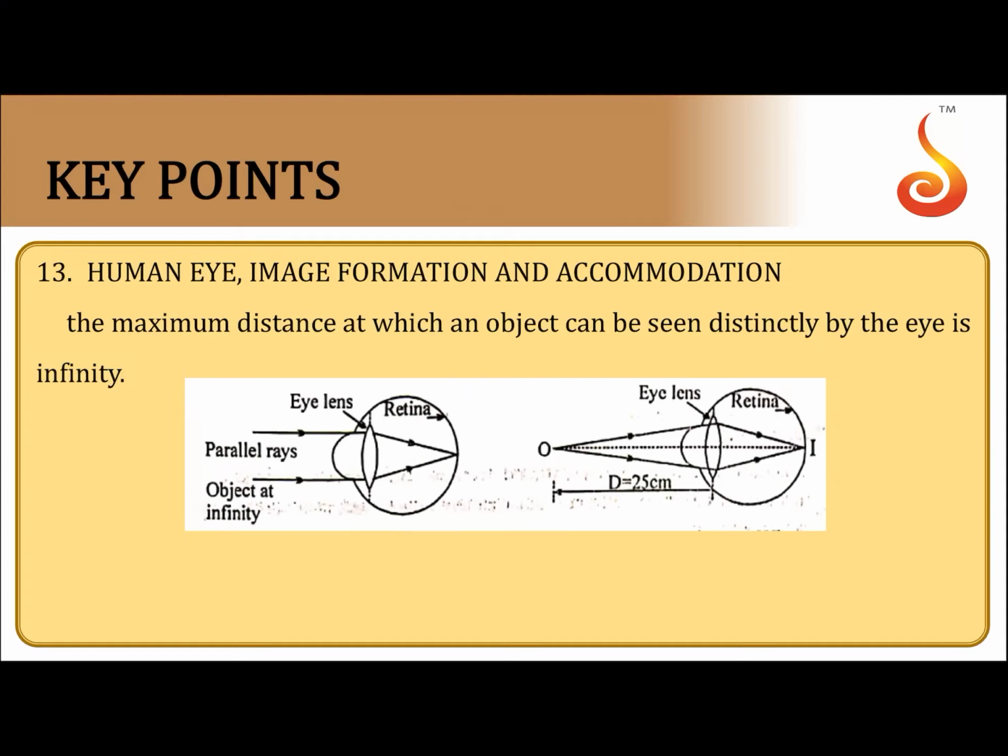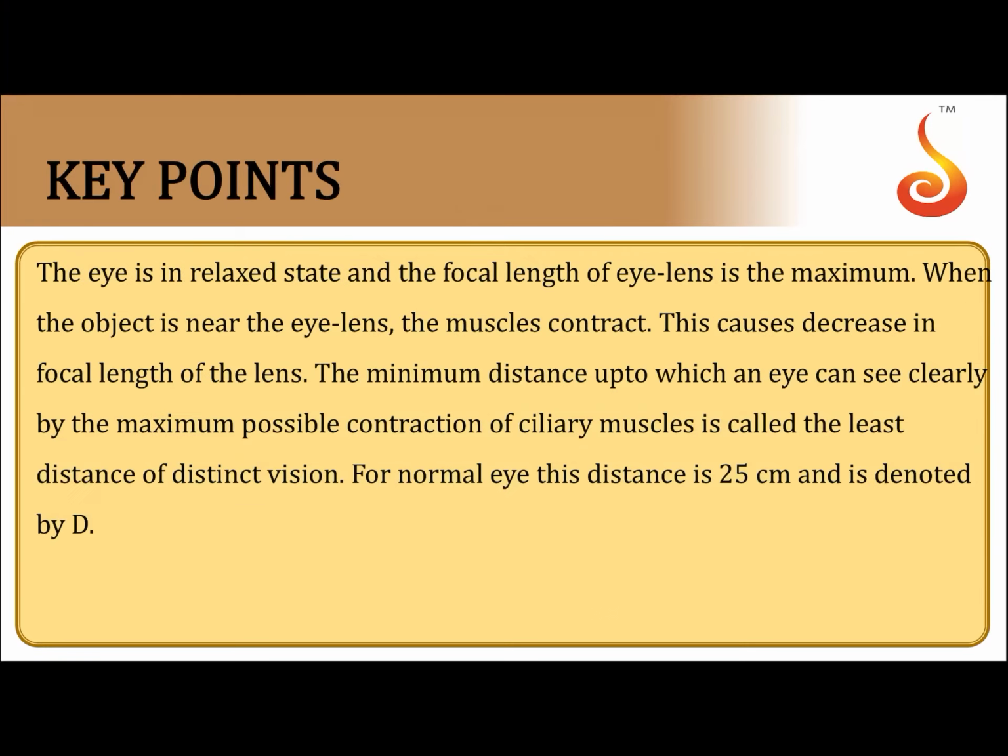Human eye, image formation and accommodation. Maximum distance at which an object can be seen distinctly by the eye is infinity. In this situation, the eye is in a relaxed state and focal length of eye lens is maximum. When the object is near the eye lens, the muscles contract.